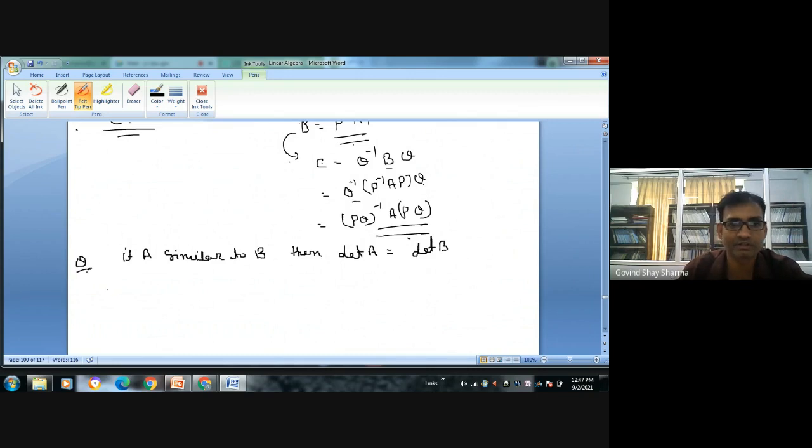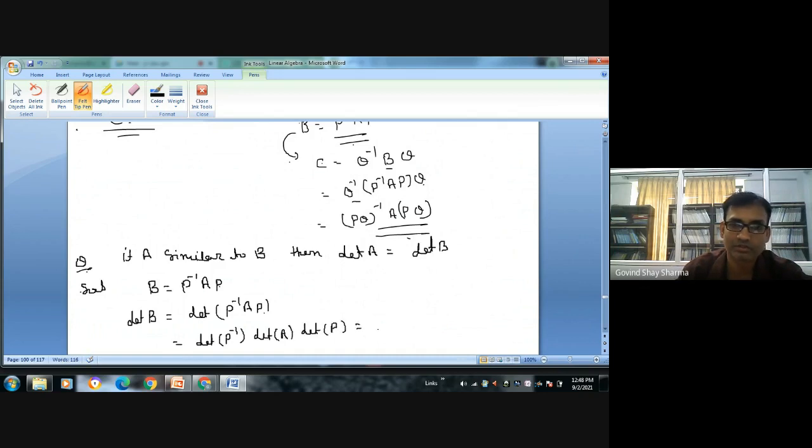So here we see B is equal to P inverse AP. So determinant of B is equal to determinant of P inverse, determinant of A, determinant of P. That means we can say determinant of A, determinant of P inverse, determinant of P, and this becomes 1.